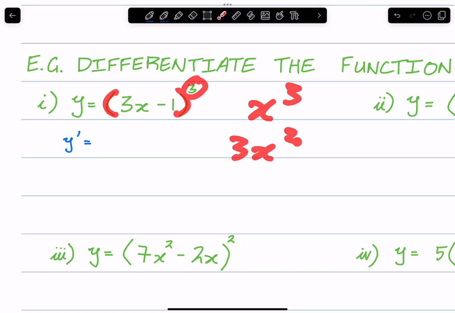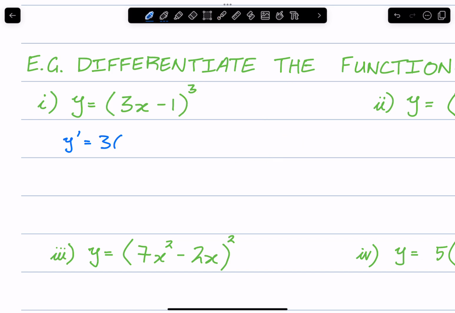So if we were to apply that to this, it will just become 3x squared, but the inner function, nothing will change just yet: 3x minus 1. So we have differentiated the outermost function, but then to this we need to multiply by the derivative of the inside function.